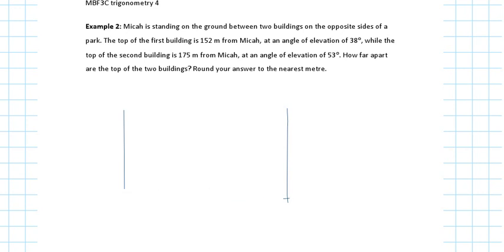So the top of the first building is 152 meters away from Micah at an angle of elevation of 38 degrees, while the top of the second building is 175 meters away from him at an angle of 53 degrees. So I'm gonna have to draw a line from him to the top of the first building, and how big is that line?